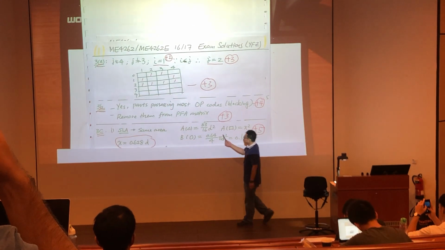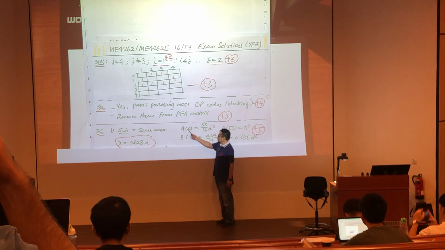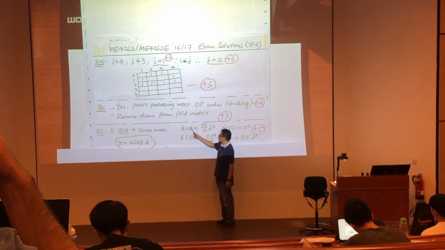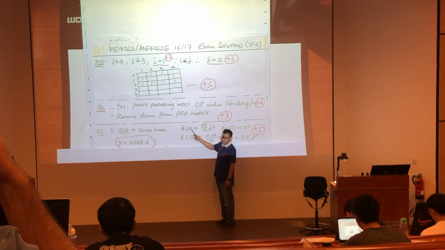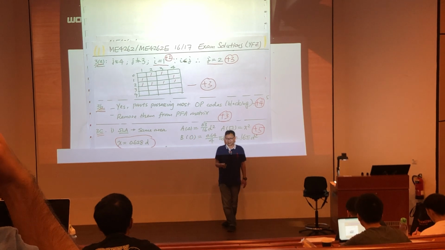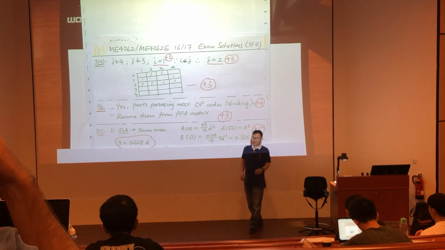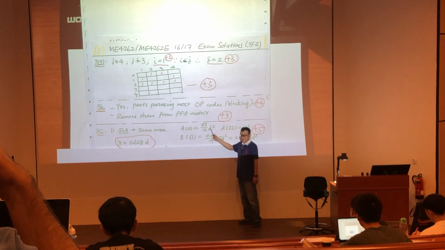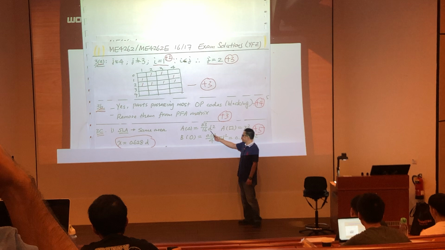For an equilateral triangle, the area equation is this. I did find some students couldn't remember this equation.